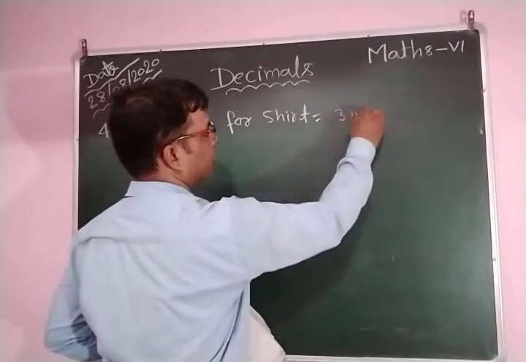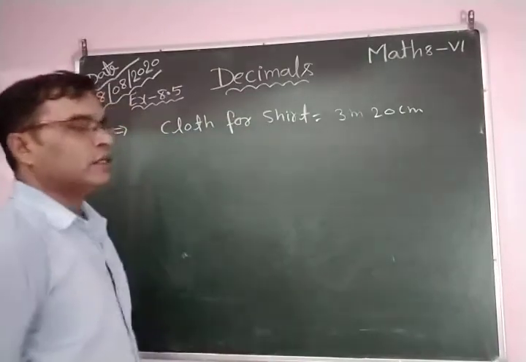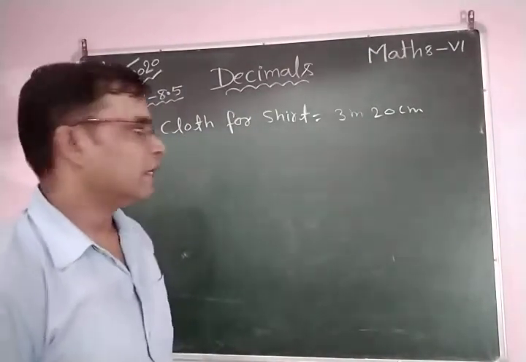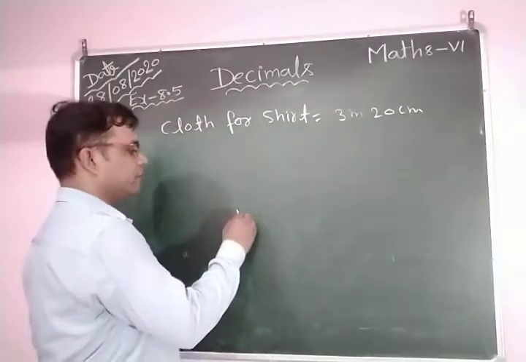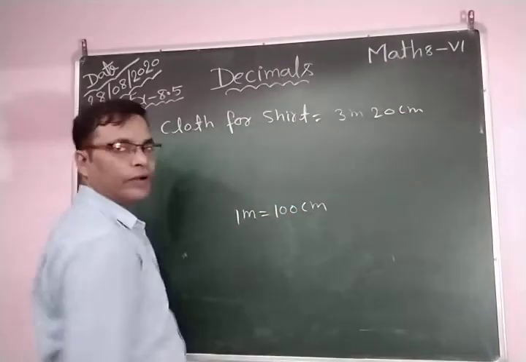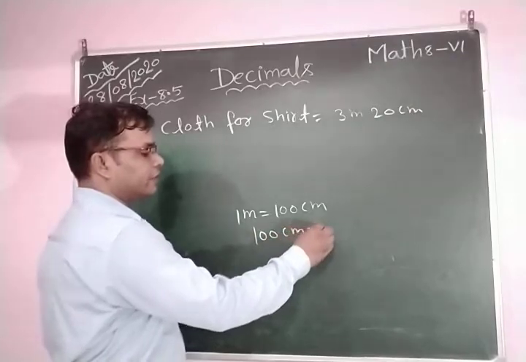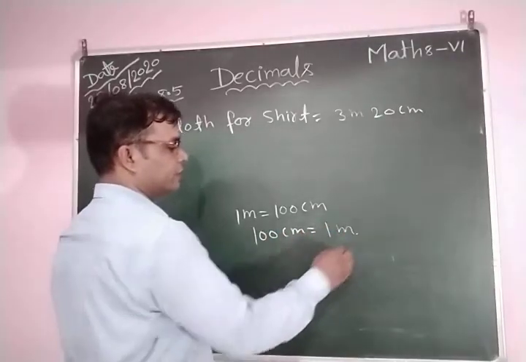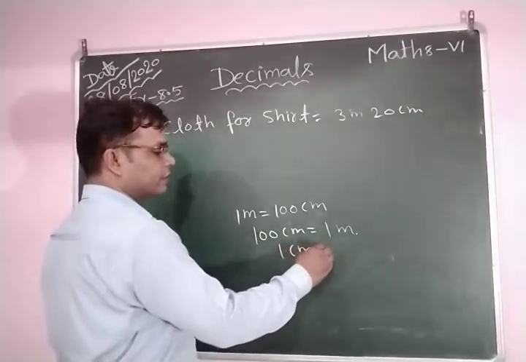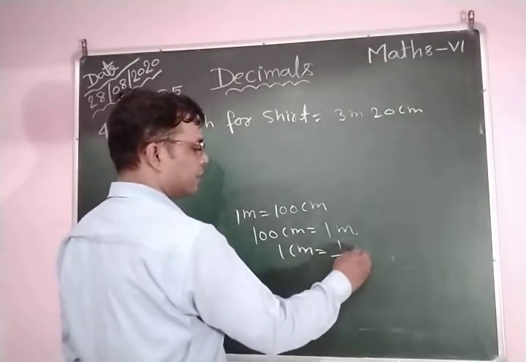You can convert meters to centimeters or centimeters to meters, both depend on you, and you know that 1 meter is equal to 100 centimeter, or 1 centimeter is equal to 1 by 100 meters.